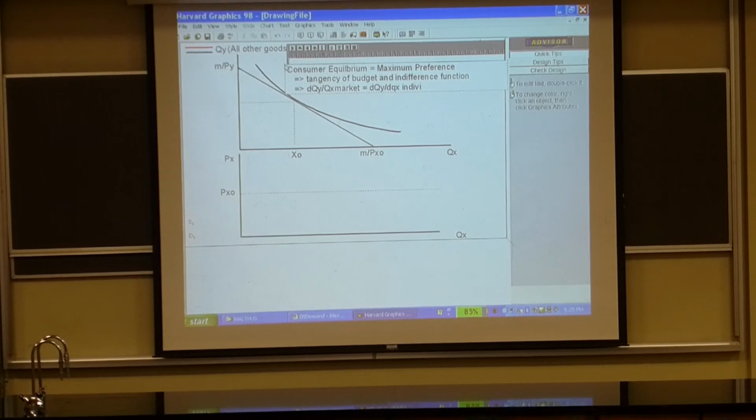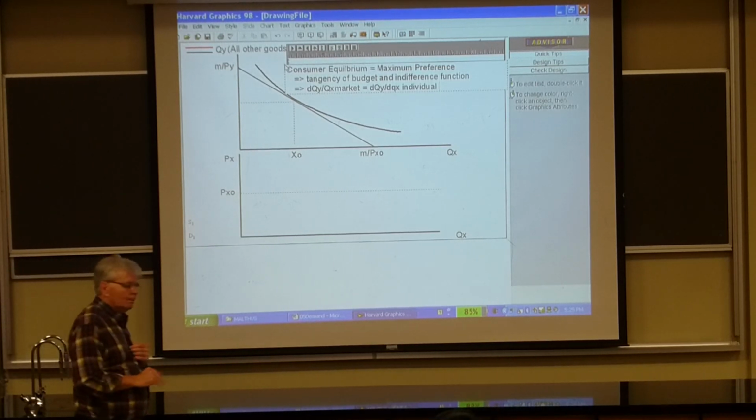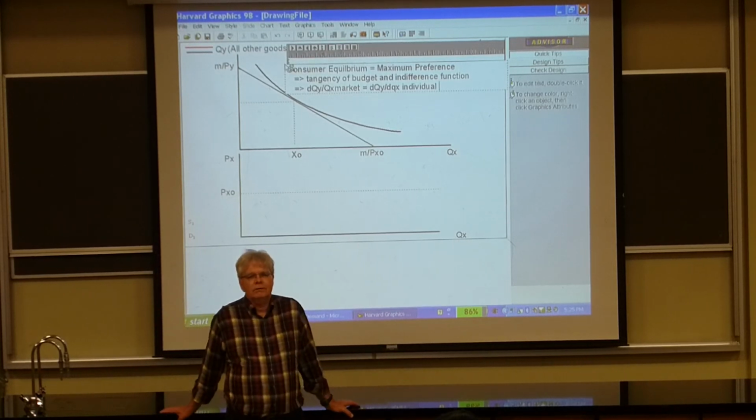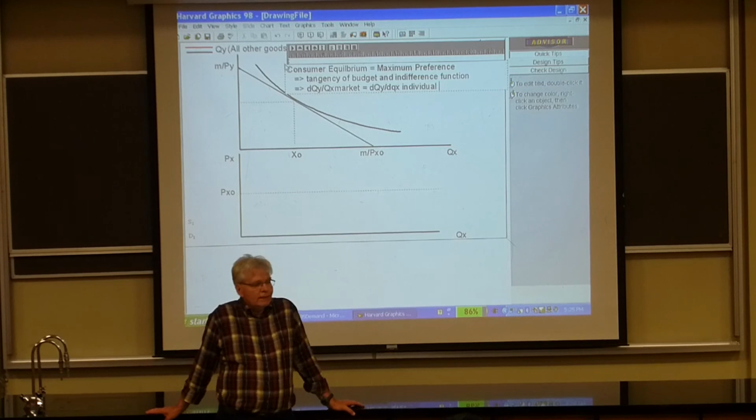And that's considered to be the great result of consumer equilibrium. When the consumer can do no better for themselves, the consumer is exchanging X for Y, or Y for X, at exactly the same ratio as the market ratio. Oh, by the way, what determines the market ratio? Would anyone know from last day?